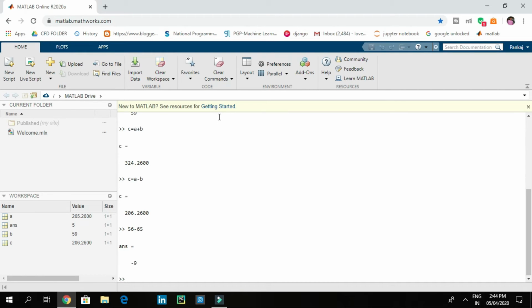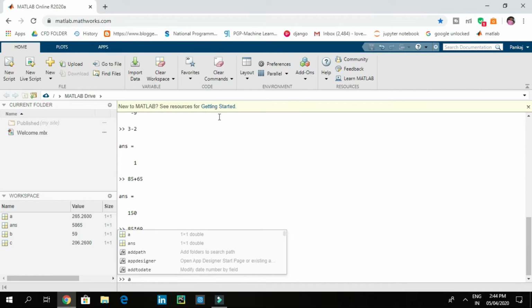Just try 56 minus 65, it gives minus 9. 3 minus 2, it gives 1. 85 plus 65, it gives 150. 85 star 69, means the small star is used for multiplication, it gives multiplication of 85 and 69.